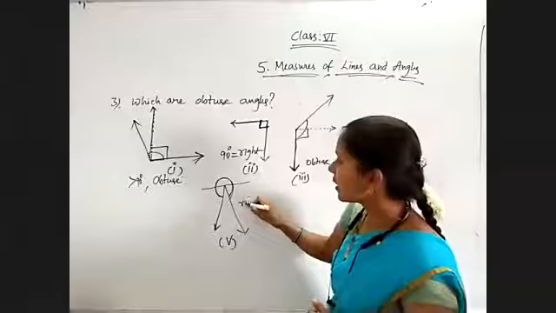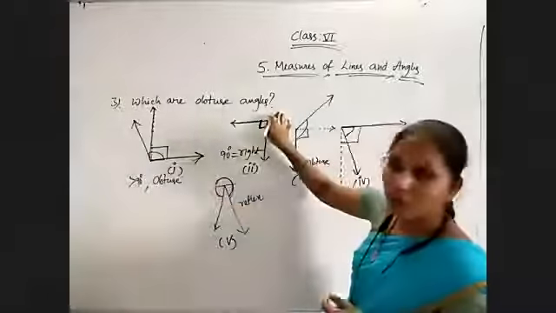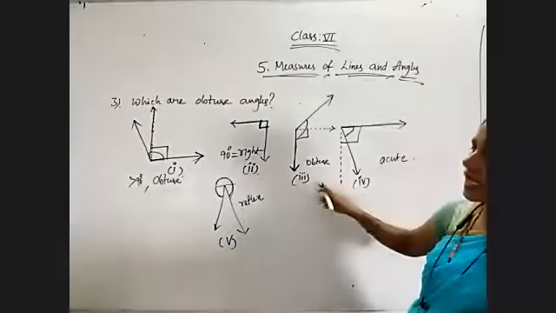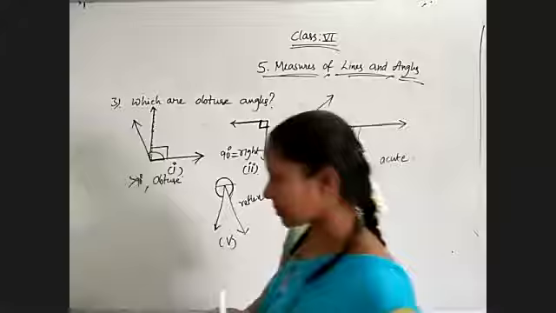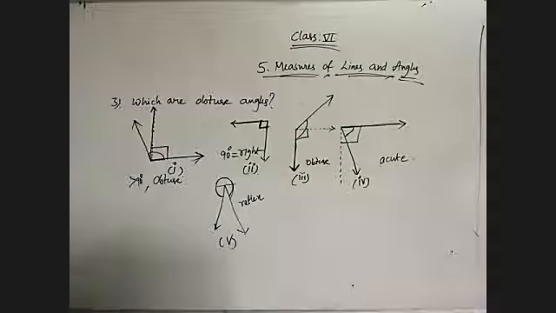So it is a reflex angle. Now, which are the obtuse angles? The first one and third one are obtuse angles, the remaining are not obtuse angles. Now, next problem.